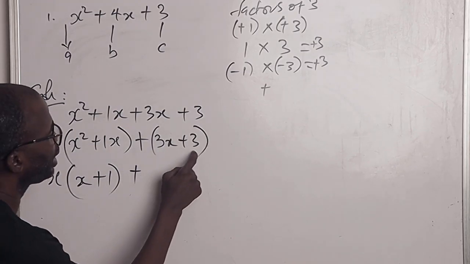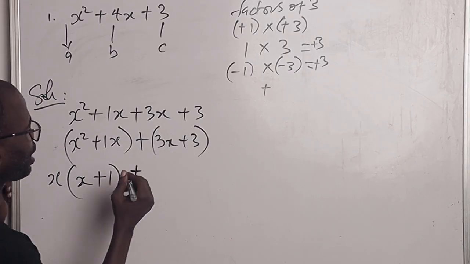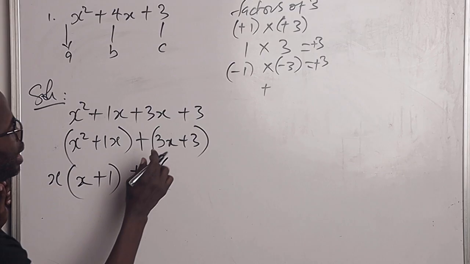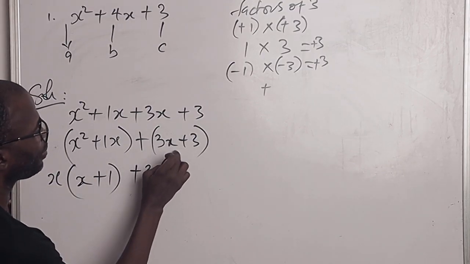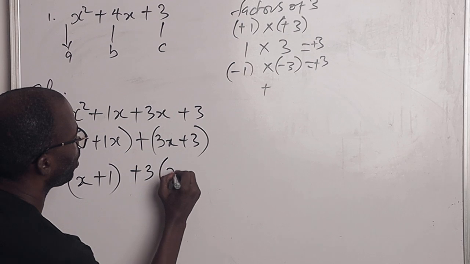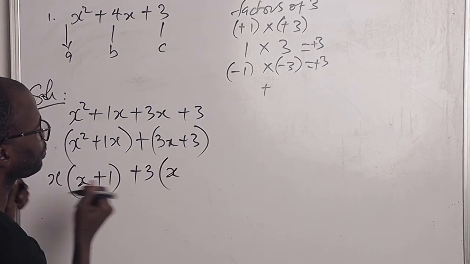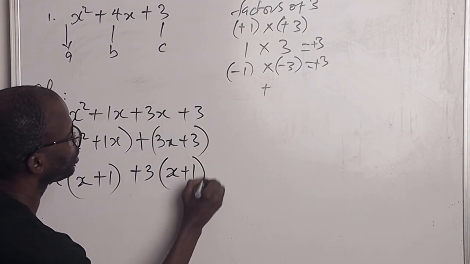What's the coefficient of the figures we have in this bracket? 3 is here, 3 is here. X is here, x is not here. So it's 3 that is the coefficient. I will now say plus 3. Open the bracket. If I take 3 from 3x, what will happen? I will have just 1x here. Plus is here. I'll put plus. 3 in 3 is what? 1.